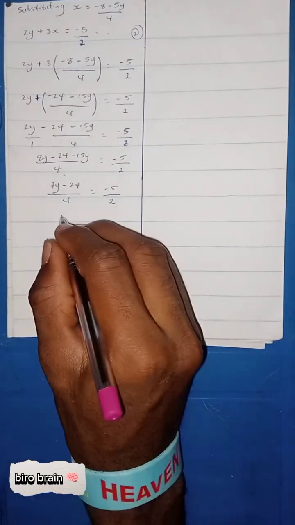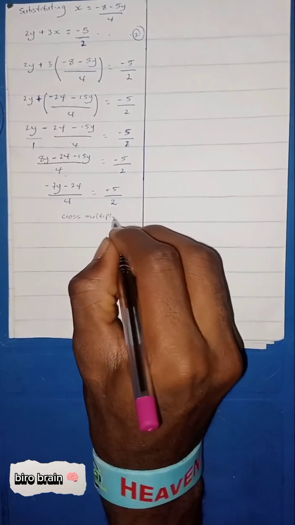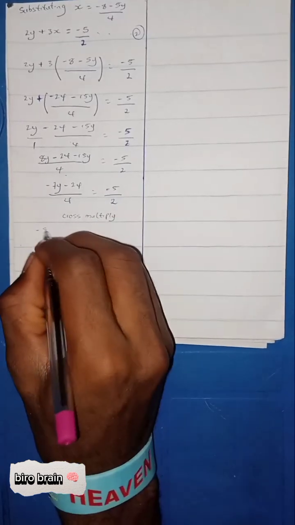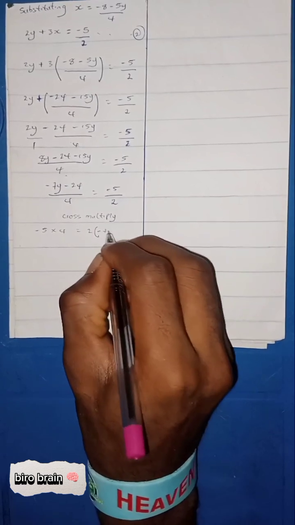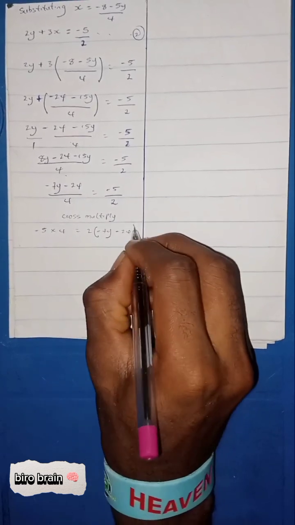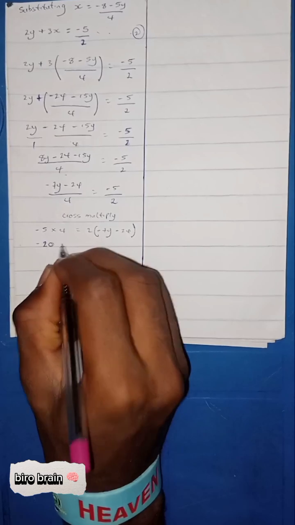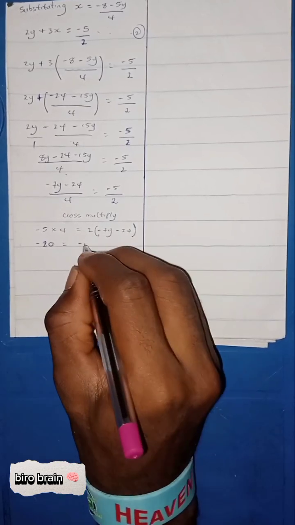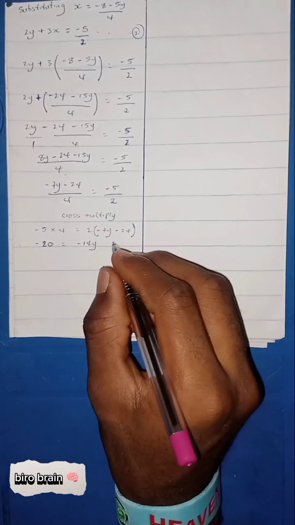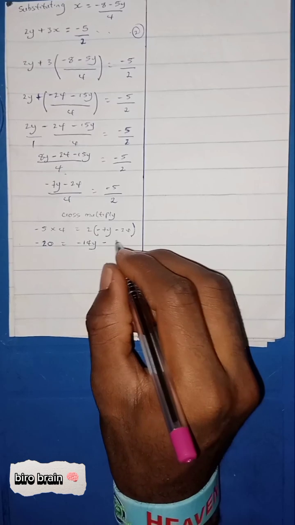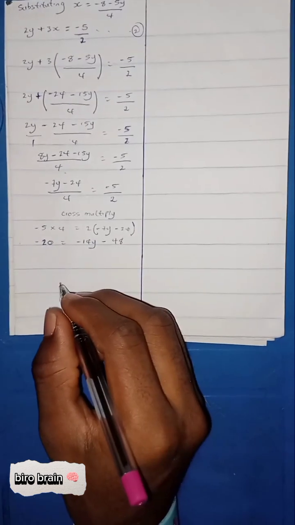So we cross multiply. When we cross multiply, we have minus 5 times 4 equals 2 bracket minus 7y minus 24. So minus 5 times 4, this is minus 20, equals 2 times 7, this is minus 14y. Then 2 times minus 24, this is minus 48. So what do we do here?